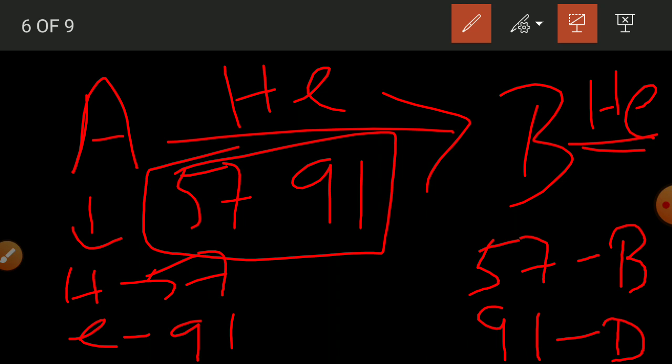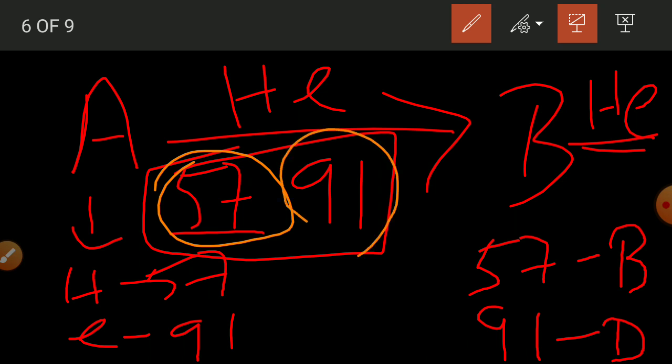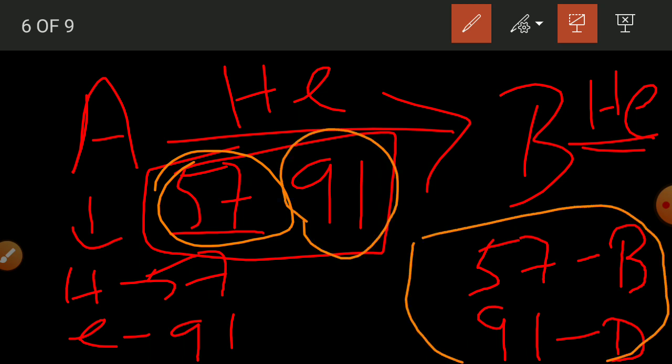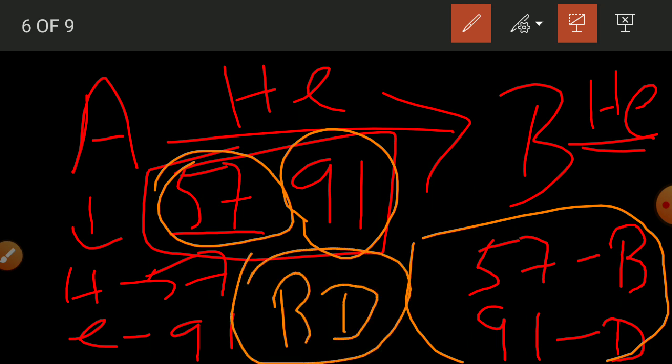B has decided that 57 means B and 91 means D. So the message that user B will actually receive is not "he", but it will be BD. BD does not make any sense, and BD is not the message that was sent by user A. User A's message was "he", but user B received BD. So you see the problem here.